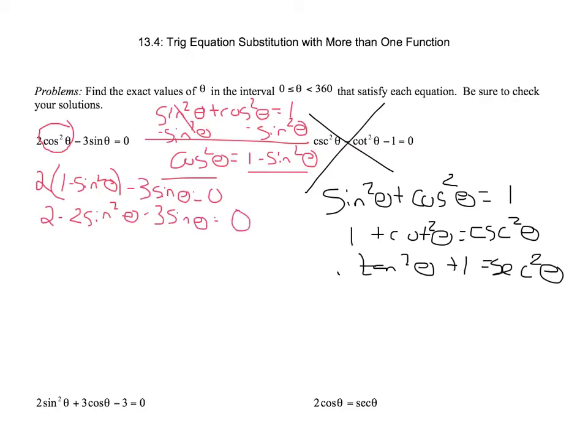Write it in highest power to lowest power. So the squared goes first, then the sine theta, then the 2. Divide by a negative 2, so that way your sine squared theta is positive. All your signs change when you divide by negative 1.